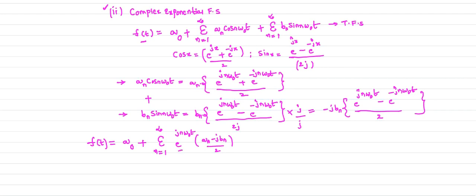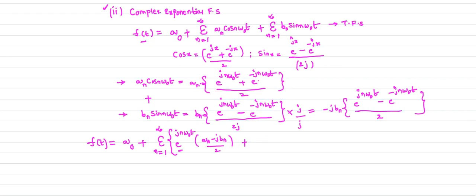If I take the common e power jn omega naught t after adding these two expressions, the remaining is an by 2 here, minus bn into j by 2 here. I can write like this, plus. So this is all the same function.